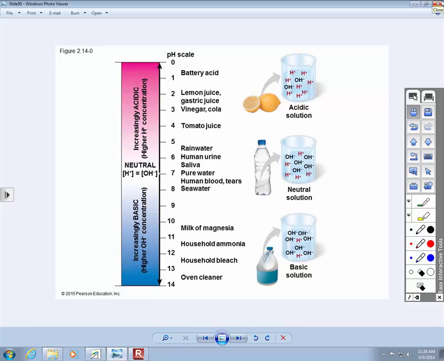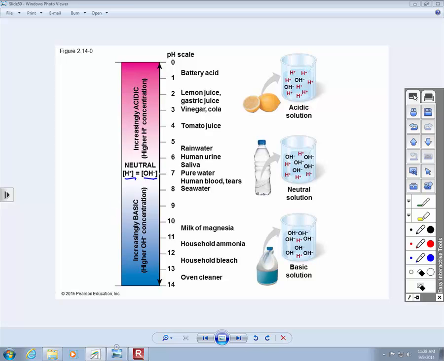This shows you some things that are acids and bases, and of course neutral, pH 7, which is going to be, of course, water. You have an equal number of the acid unit, the hydrogen ion, and an equal number of the base unit, which typically is the OH negative unit.